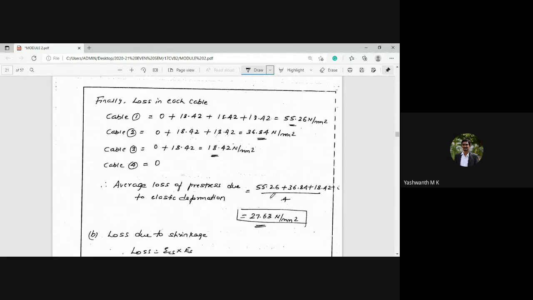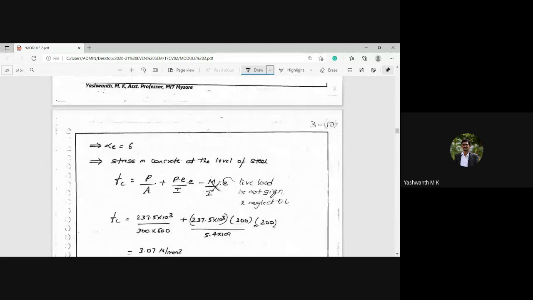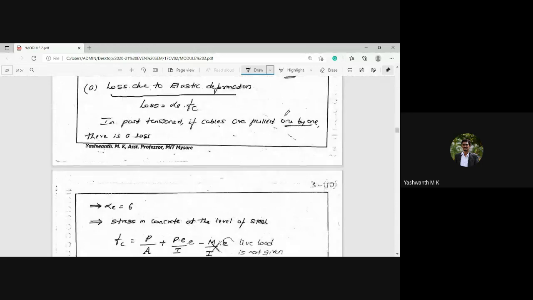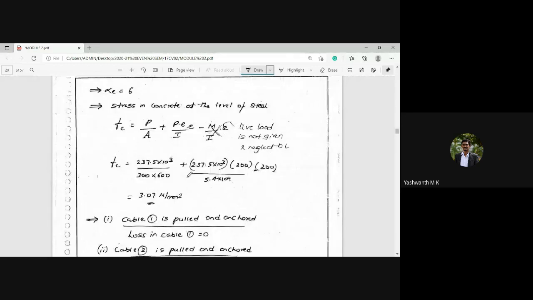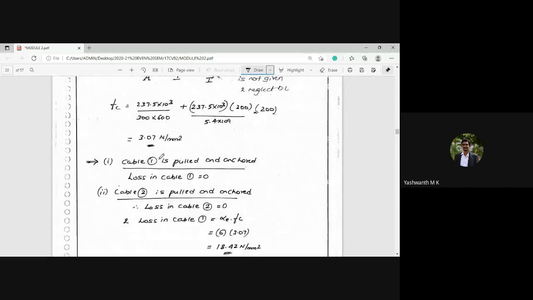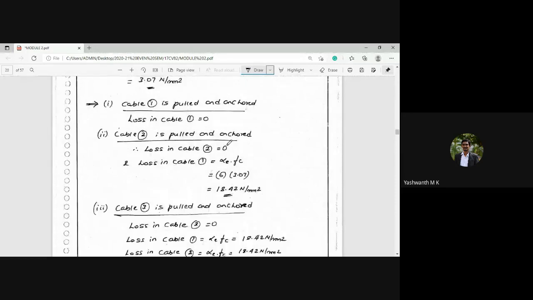Since it is a post-tension concrete beam, and also they have been given that it has been pulled one by one, we need to consider this formula. In this, how to calculate FC alpha have already been shown. Coming to this, if I'm going to pull one cable, the loss will be 0. If I'm going to pull one cable, that particular cable will be 0, but already placed cable, there will be some losses.